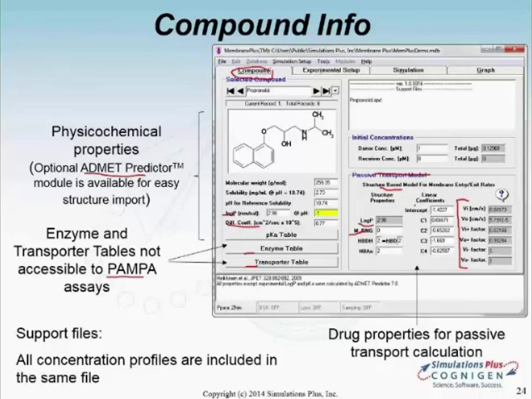And there is an option to switch to the simpler Kubinyi model, which is dependent only on logP. But again, from what we have seen so far, that model is really best to use only with a congeneric series of compounds, where the hydrogen bonding capabilities or functionalities would not be as important.